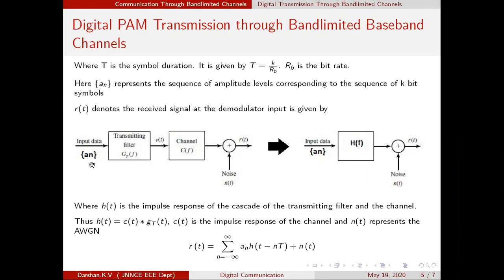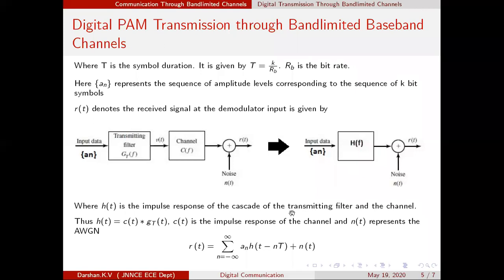What we did was take this part of the block from the original one, starting from the input to the received signal. Over here you have two blocks. These two blocks were cascaded and an equivalent block has been written, which has been named H. H of f is the transfer function of the block and h of t is the impulse response of the block.